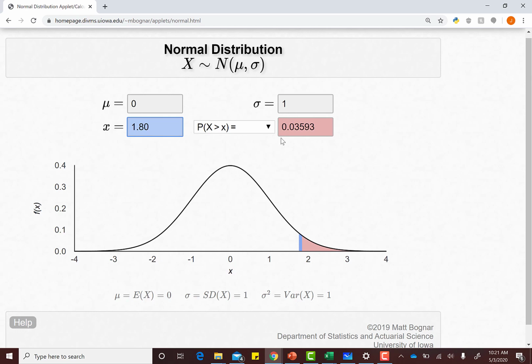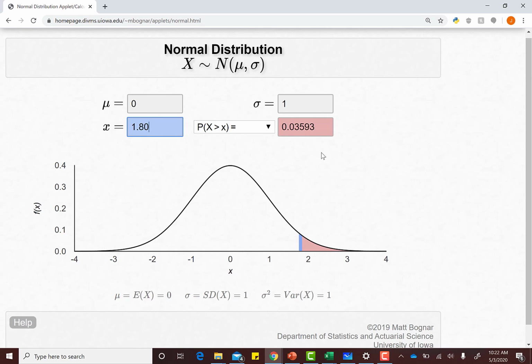And we see that area is 0.0359, roughly 3.59%. This is our p-value. We found the likelihood of getting that z-score or one more extreme, assuming the null's true.